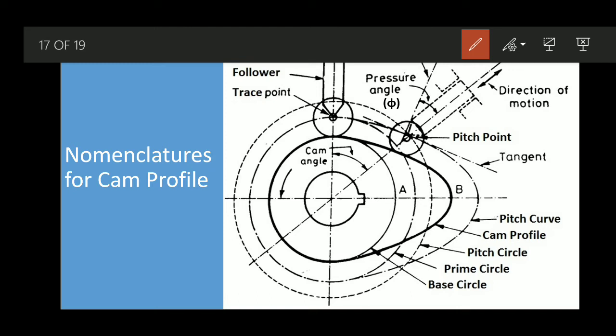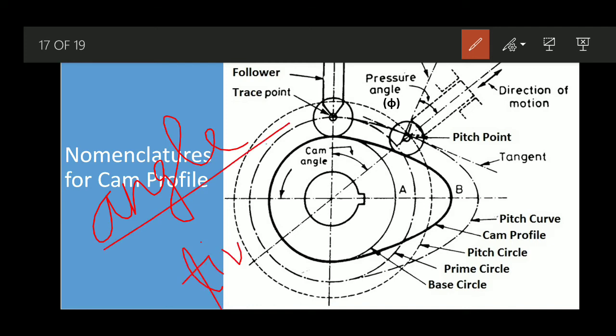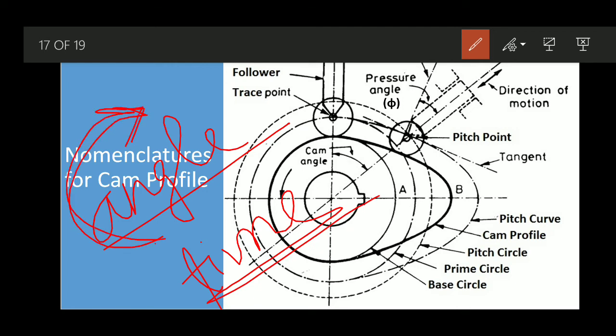As you can see, in this discussion of cam and follower, the cam movement we can discuss with respect to some angle, or also with respect to time. If the cam has rotated by 30 degrees or 60 degrees, and as we know the rotation speed, we can also discuss it with respect to time, for 5 seconds, for 10 seconds or so.